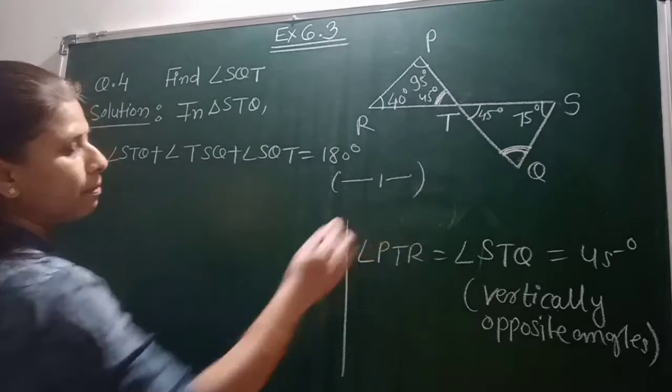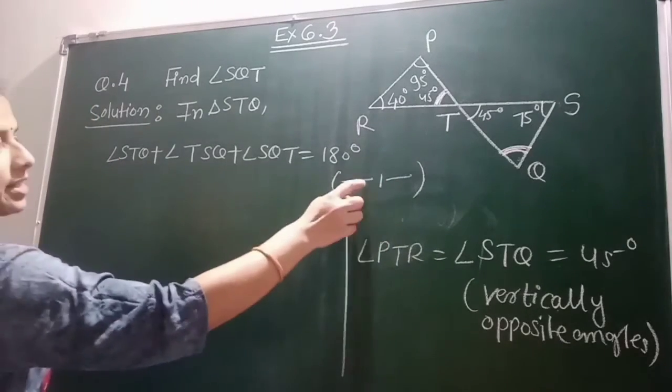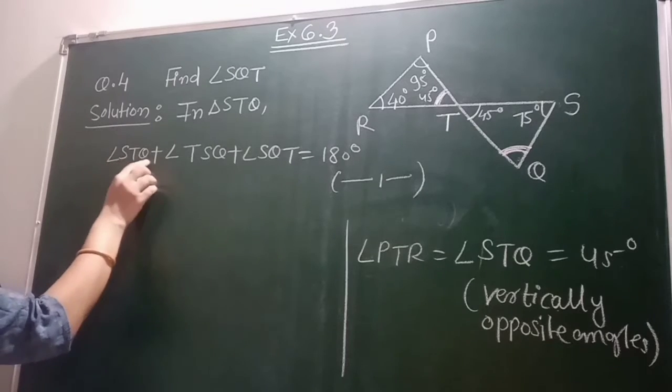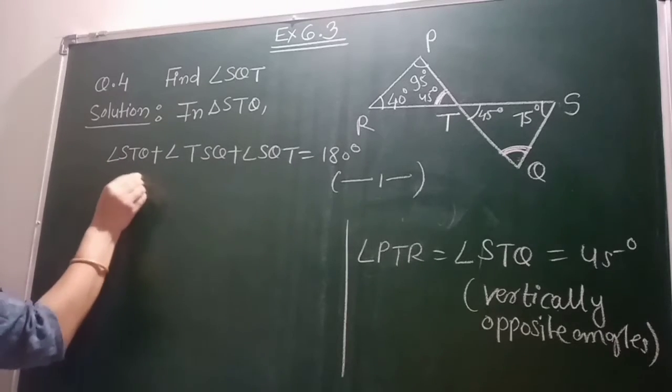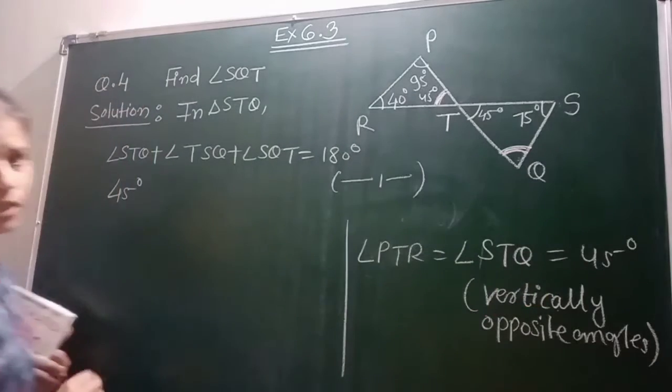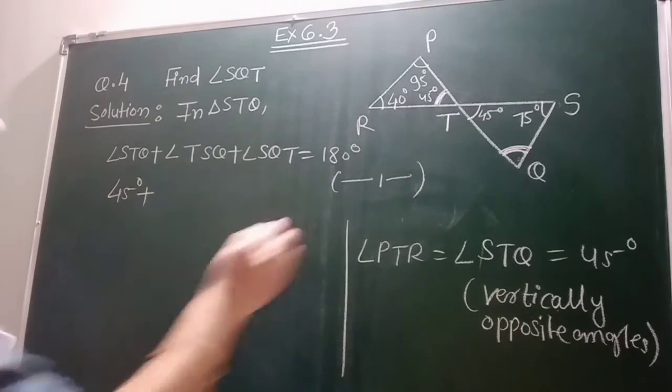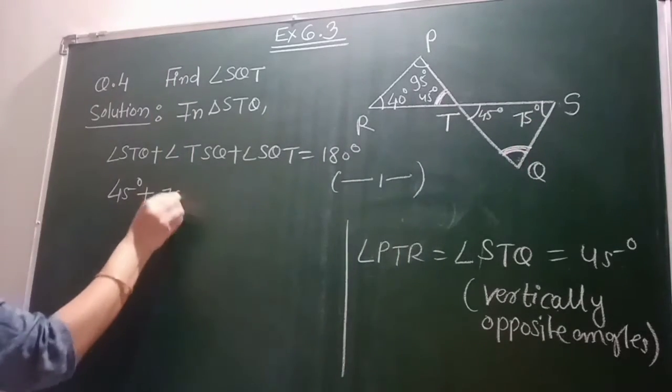Why? By the angle sum property. It is necessary to mention the reason. Then we will substitute the angles. Angle STQ equals 45 degrees, as we found by vertically opposite angles. Angle TSQ is given here as 75 degrees.